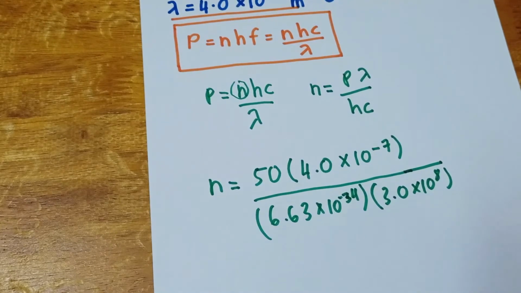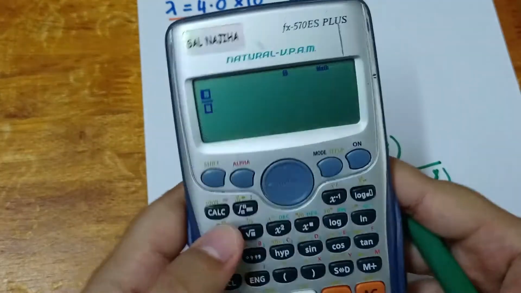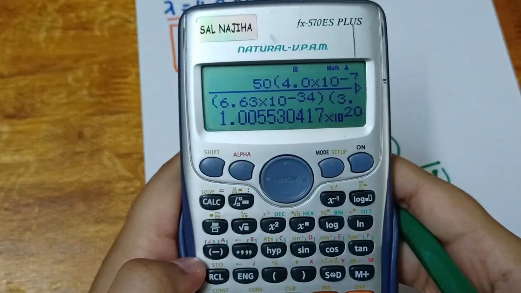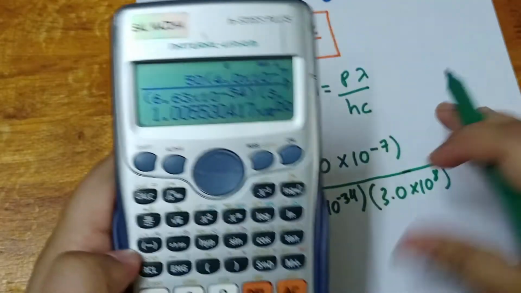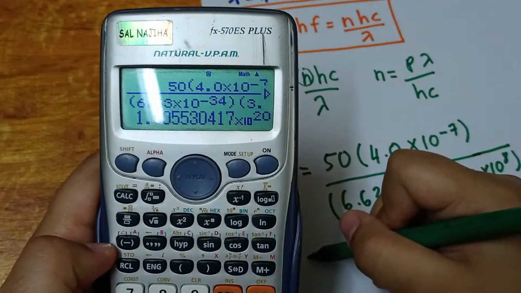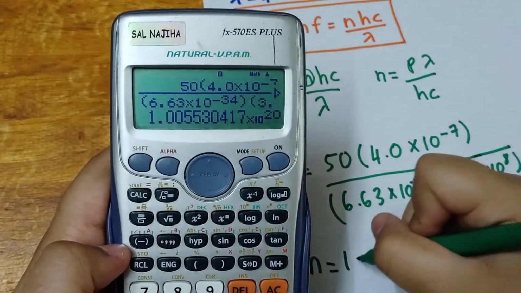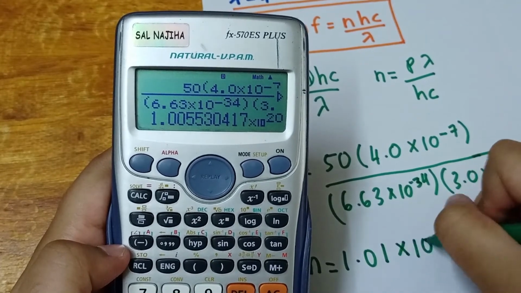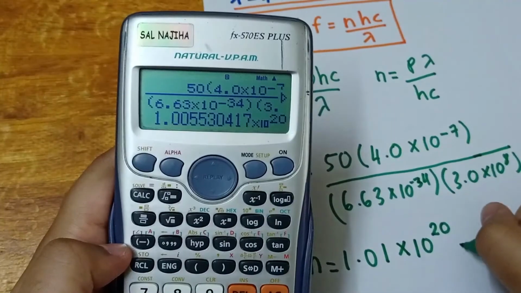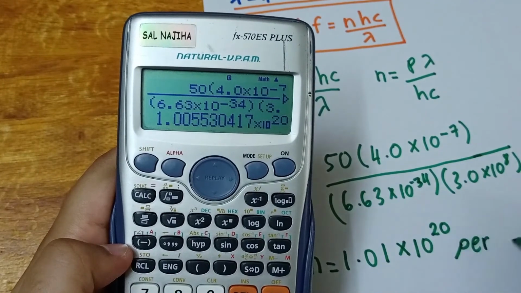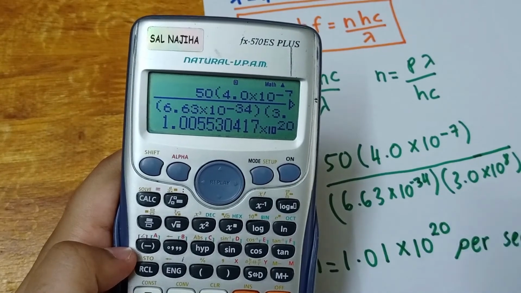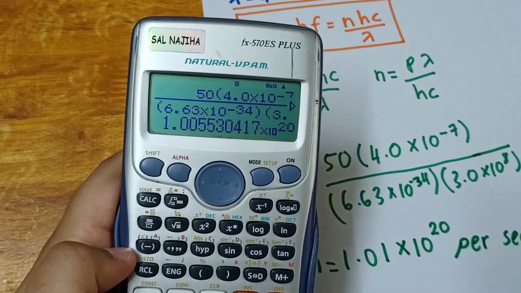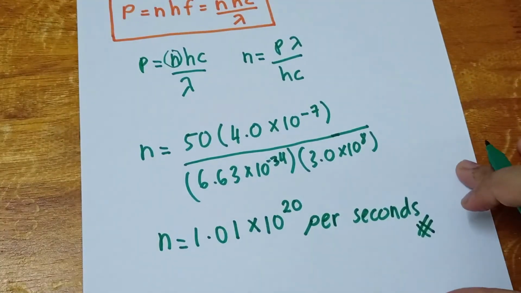We grab the calculator and transfer all the information. We get the number of photons is 1.01 exponent of 20 per second. So this is the answer for question number 3.